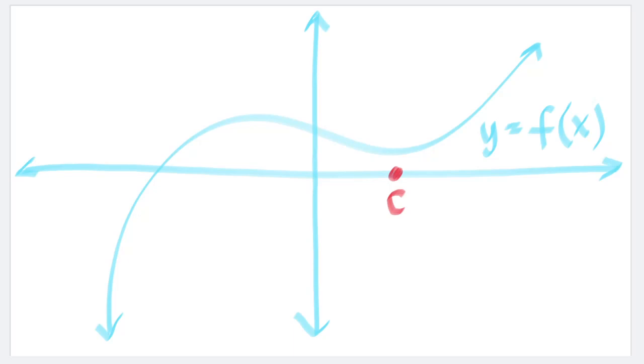Let us say, for example, this one. Let us say the c at this value approaches 1. So the value of your function y is equal to f of x as x approaches c is equal to 1.